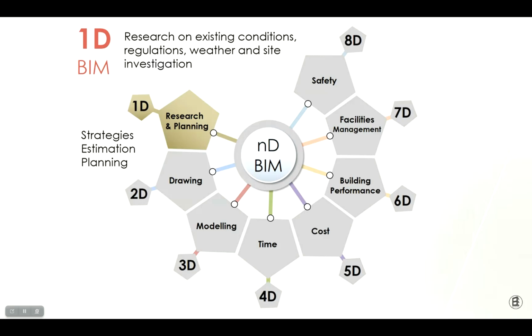So 1D BIM is going to be your research on existing conditions, first thing. After that, regulations. We are going to talk about the weather and about site investigations. Existing conditions are whatever work we have previously done on building designs, or if we get a project, how we are going to work on it in an organized way.